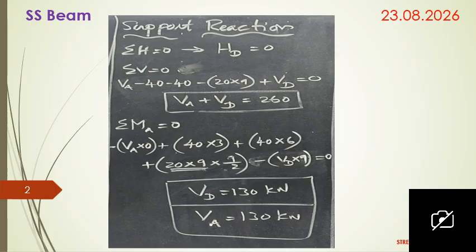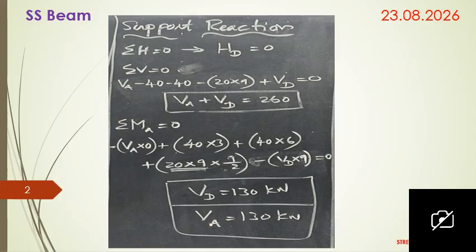So plus VA minus 40, that is the first point load, minus another 40, that is the second point load, and then minus 20 into 9, that is the total load of the uniformly distributed load, and then plus VD, that is the other support reaction, equal to 0. So VA plus VD equals 260 kilonewton.